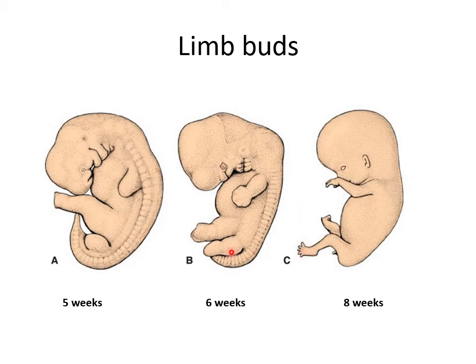The terminal part of the limb forms and becomes flattened, as we see here in a 6 weeks embryo, to form the hand and the foot plate. With further development, it gives shape at 8 weeks.